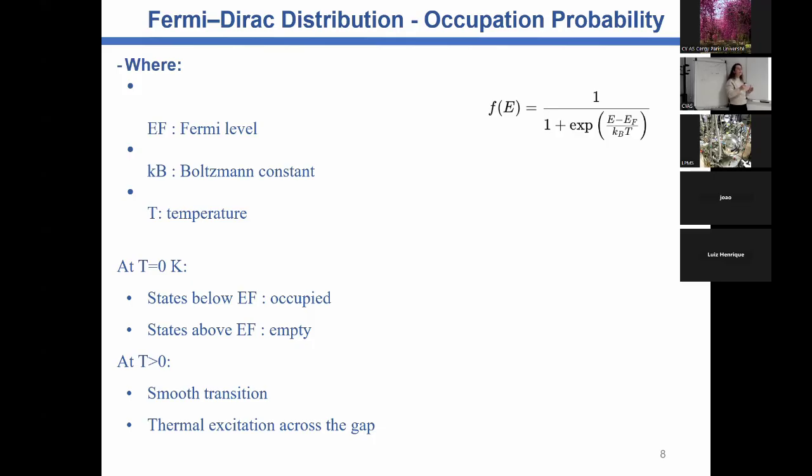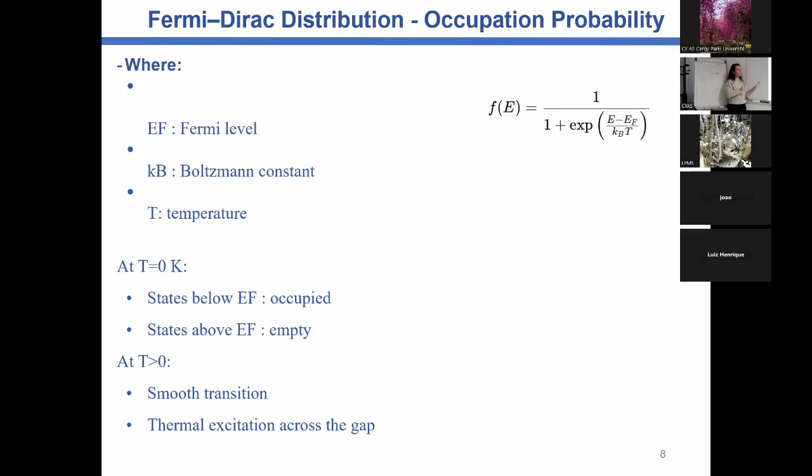So the Fermi level is fundamental for us to know how to construct devices, because when you create an interface, the Fermi level will be adjusted between those materials with different properties, and this will align and give the Schottky barrier that is used for diodes.